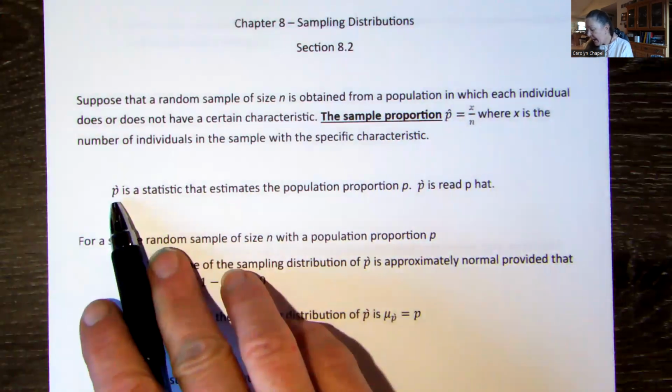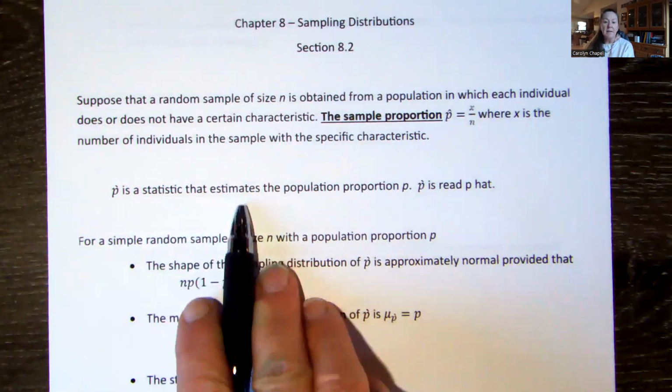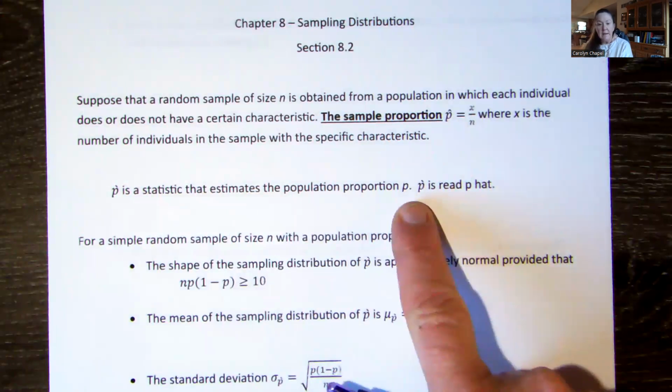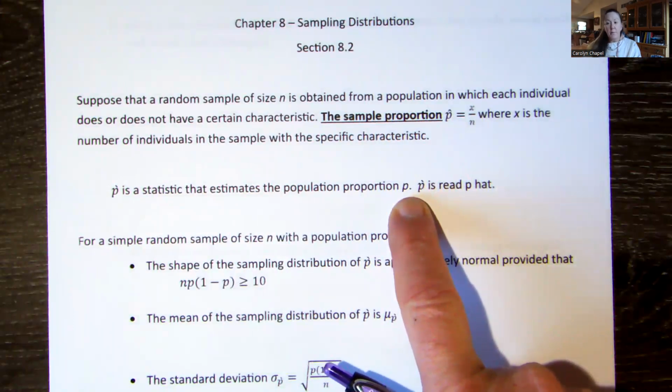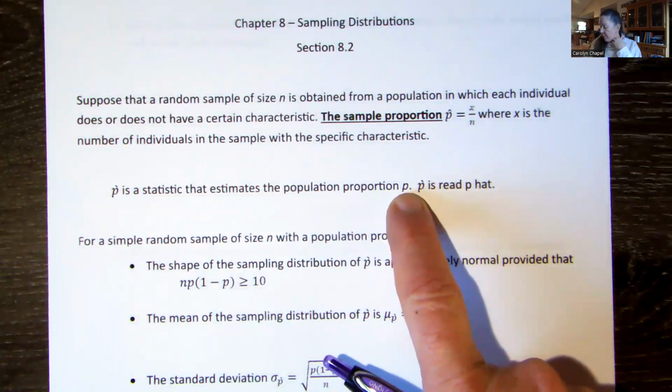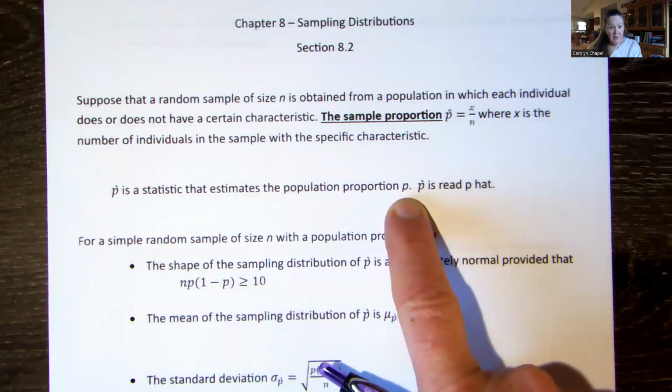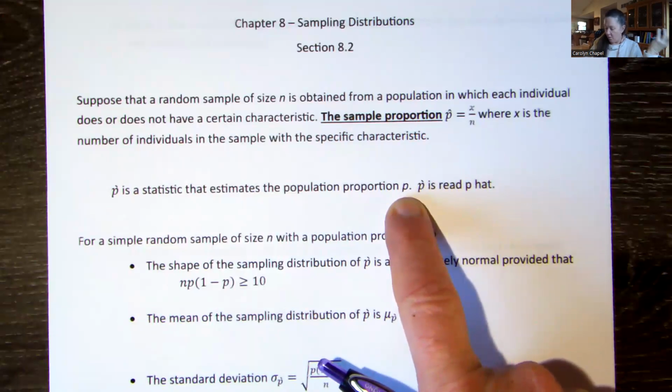This p hat is a statistic that estimates the population proportion p. It's like remembering statistics are estimates for our parameters, and this time the parameter is our population proportion, similar to x bar, the sample mean, being a statistic for our mean, mu.